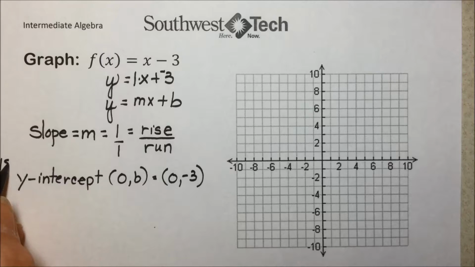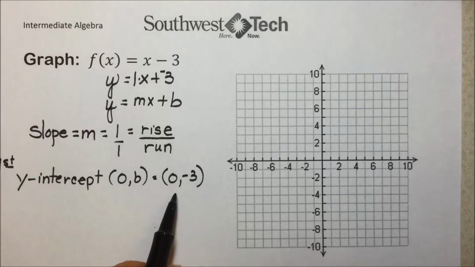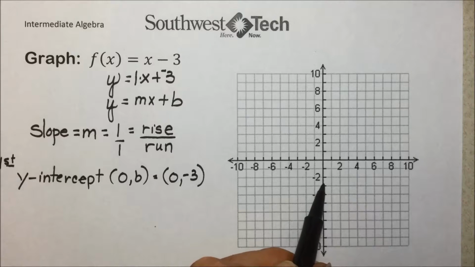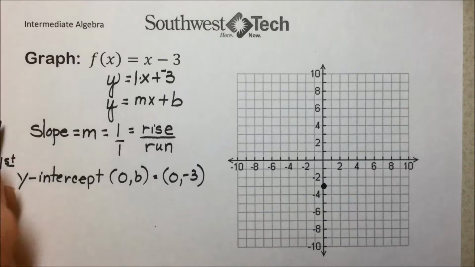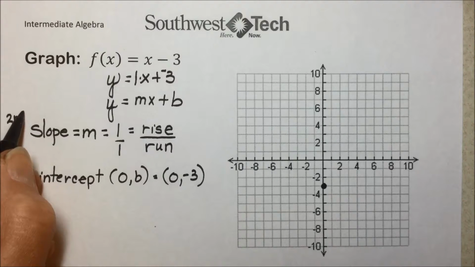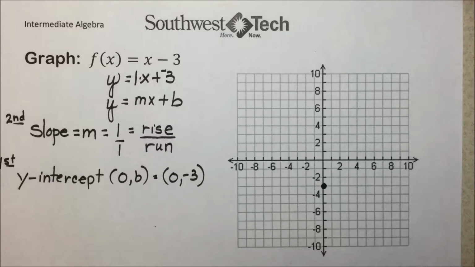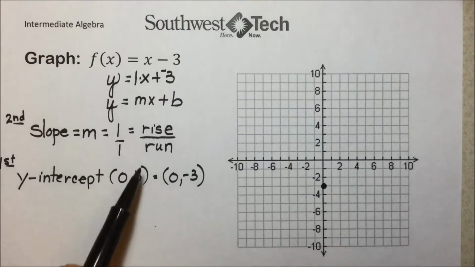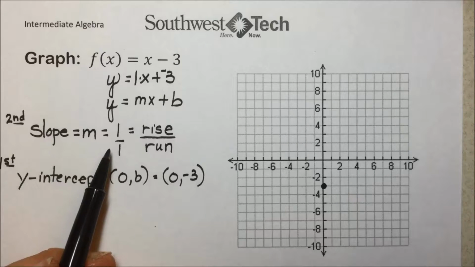We will start with the point, and graphing (0, -3), you can see that the point is in fact right on the y-axis, thus the name, the y-intercept. And secondly, we'll generate the line by moving away with the slope.